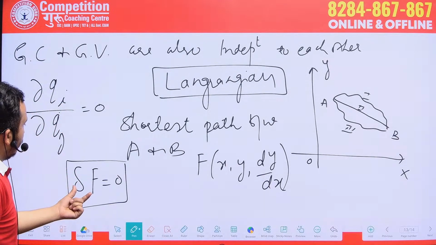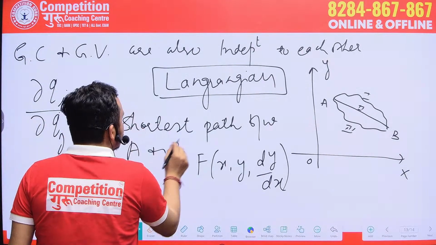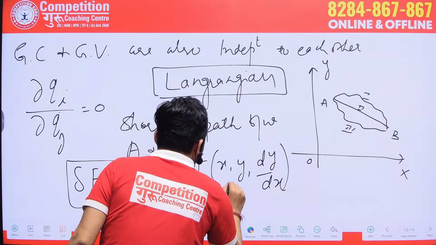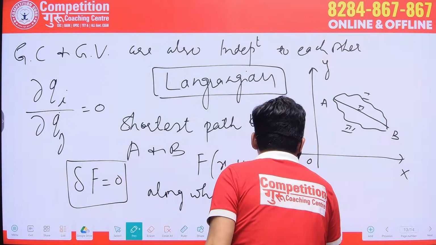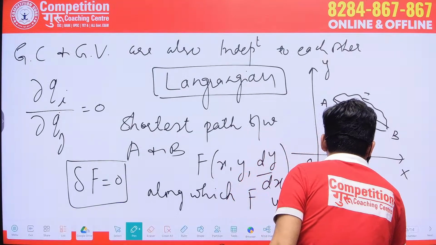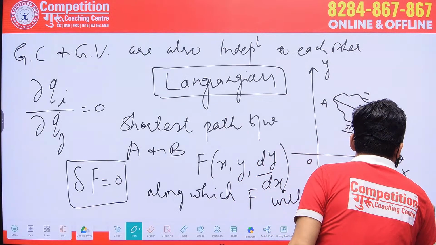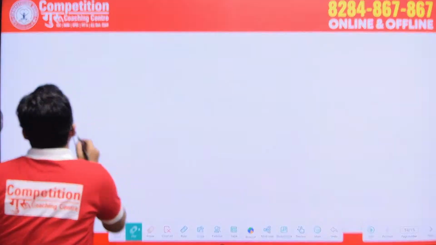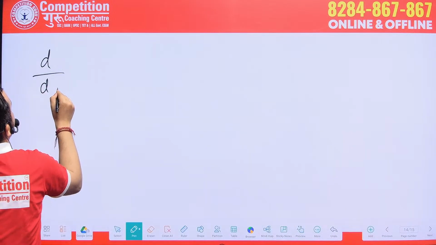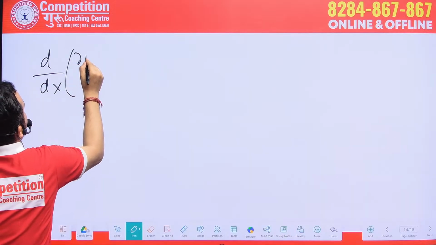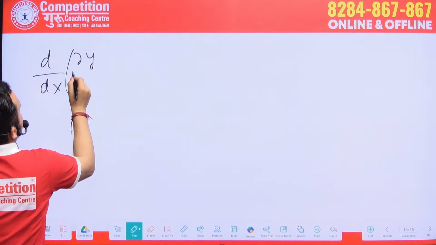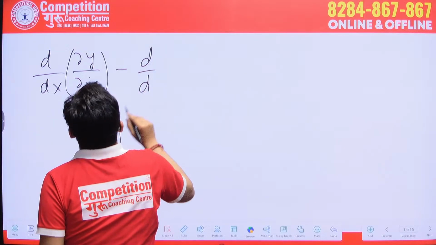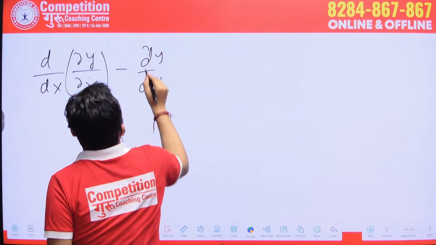The shortest path will be the path along which this functional f is extremum. When we solve this equation in mathematics, we get the Euler equation.